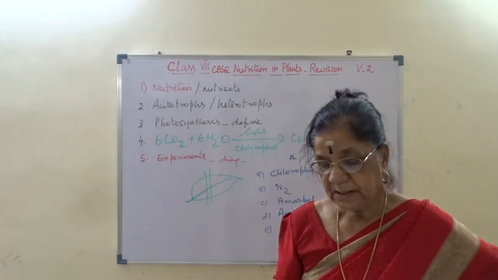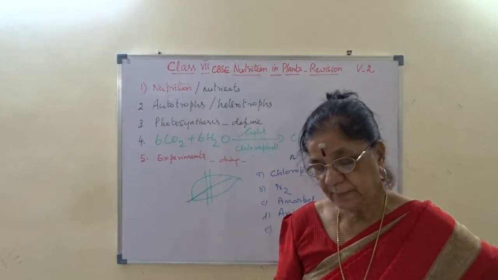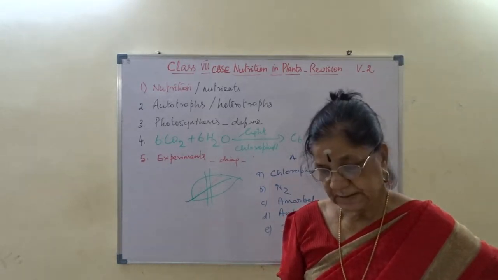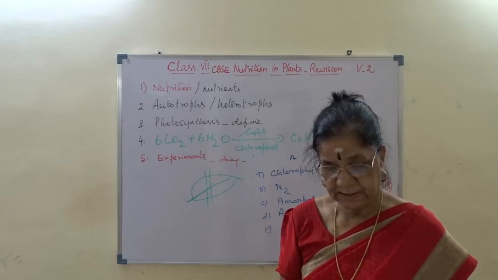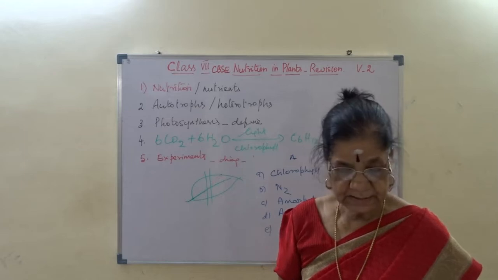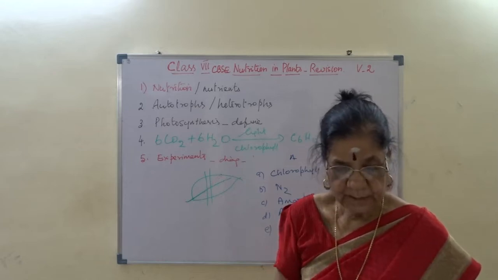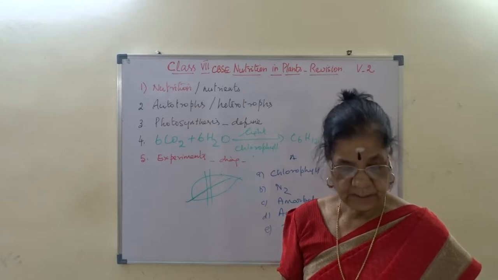I repeat, yeast is a saprophyte, rhizobium bacteria, Venus flytrap is an insectivorous plant, lichen symbiotic association, and Cuscuta a parasite. I hope you understand.